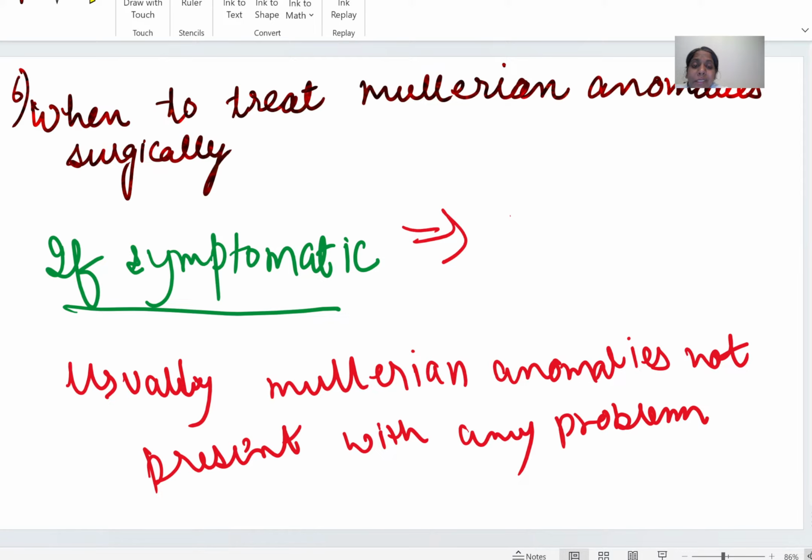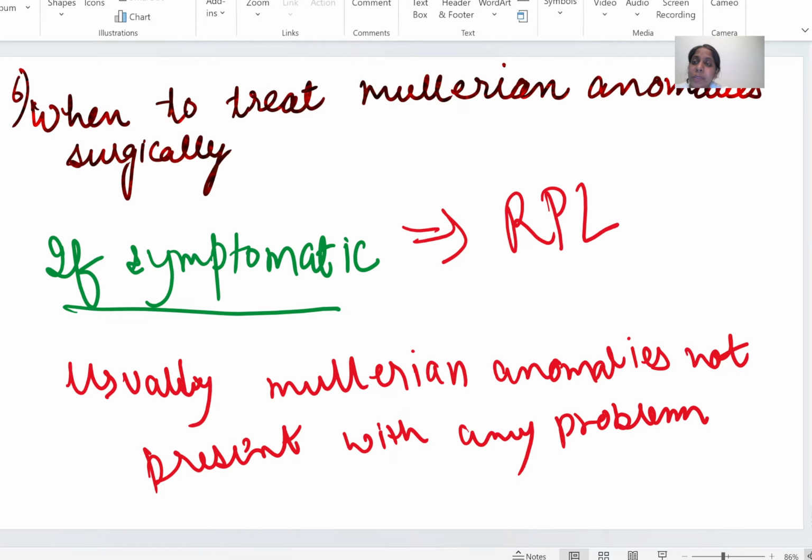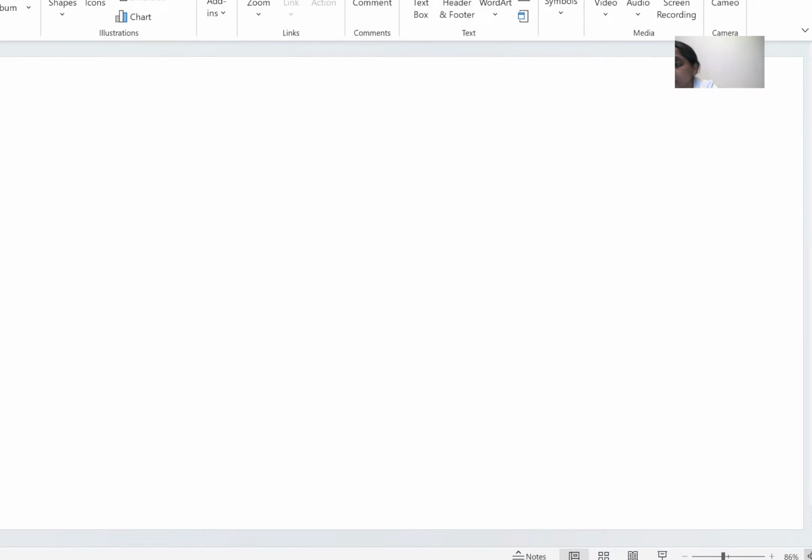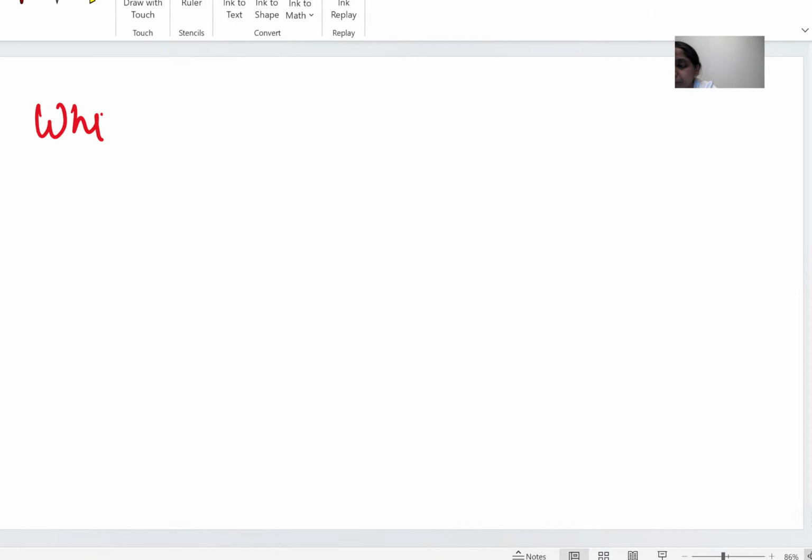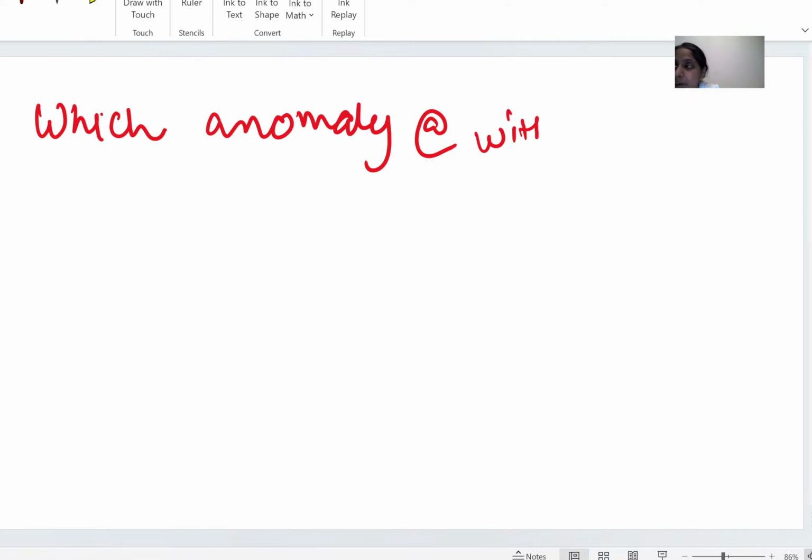If symptomatic, what are the symptoms? Recurrent pregnancy losses, a symptom which requires surgery. Now the answer to Dr. Isra's question, which anomaly is associated with less chance of RPL?